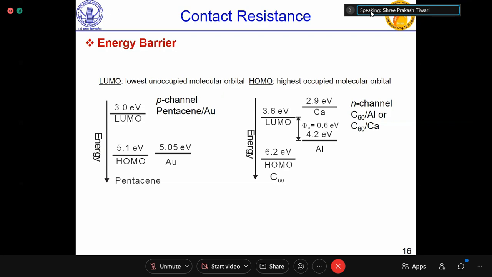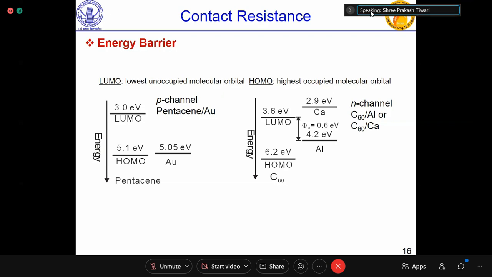Any metal which has a work function of 5 electron volt or so has very small Schottky barrier or contact resistance with P-type semiconductors, whereas for N-type devices, they can give you some contact resistance. For N-channel devices, the metal has to match with LUMO. Now LUMO is generally 2, 3 or 4 electron volt, but it doesn't go up to 5 electron volt. If you want a metal which is close to LUMO, you are talking about aluminum and calcium.